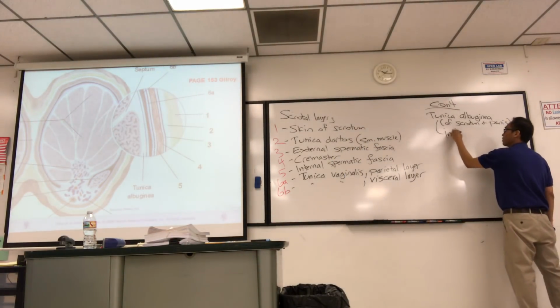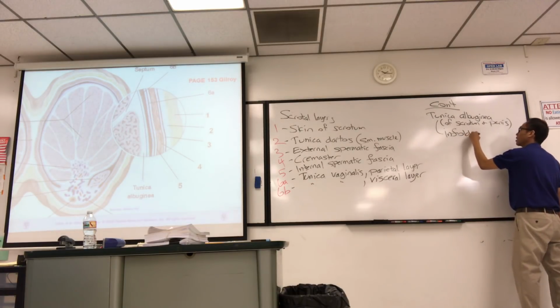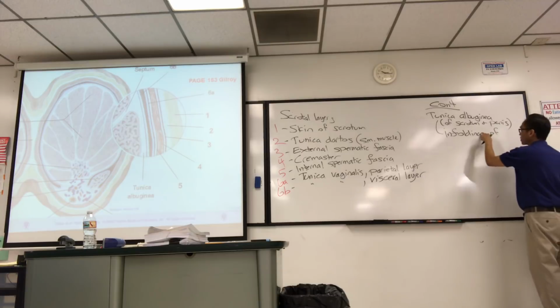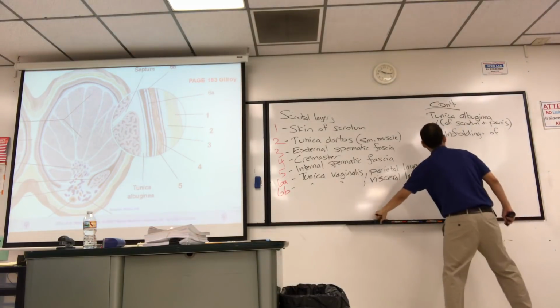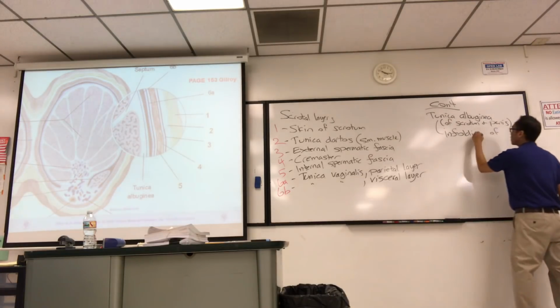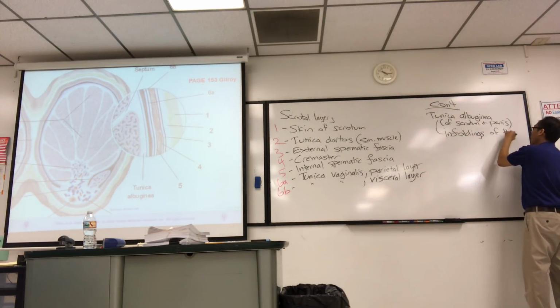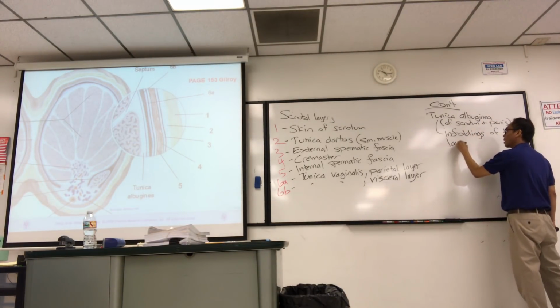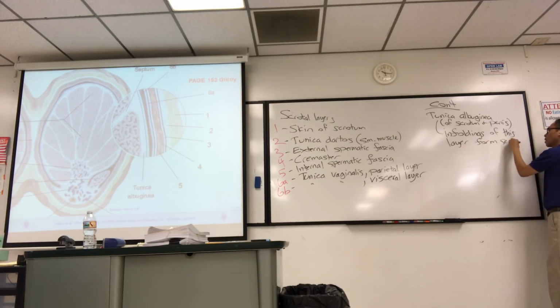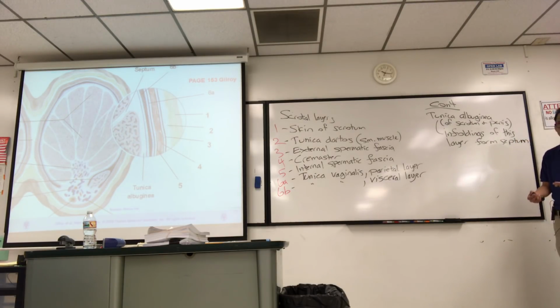So infoldings of this layer form septa, and the septa create these little partitions called lobules.